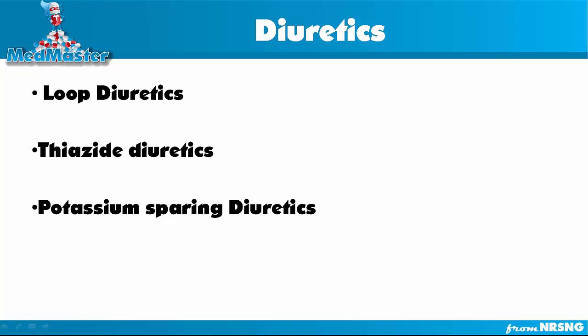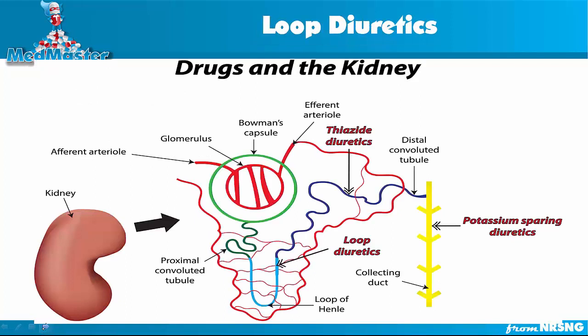Okay, so let's first talk about the loop diuretic mechanism of action. This is the diagram representing the nephron, which is the functional unit of the kidney, and all the blood filtration, formation of urine, reabsorption, and excretion of electrolytes happen in this nephron.